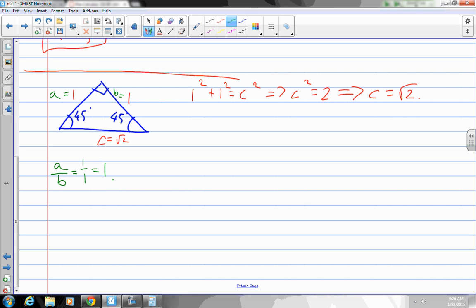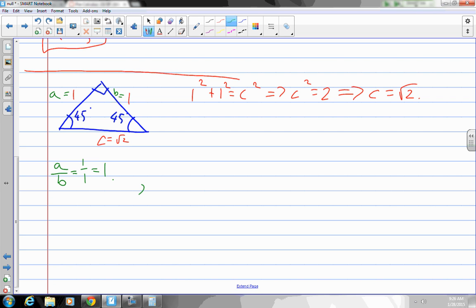Right? So that means if you take any 45, 45, 90-degree triangle, doesn't matter how big it is, and you take the ratio of the two sides that are opposite of 45 degrees, you're always going to get 1, regardless of how big that thing is.